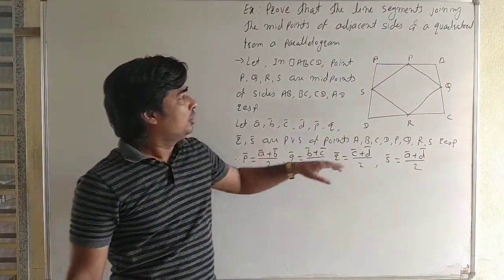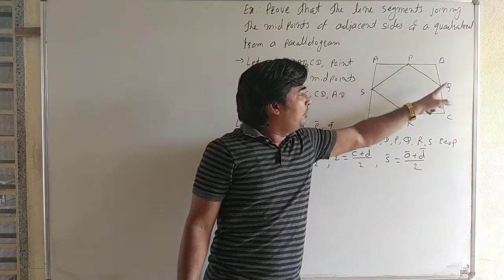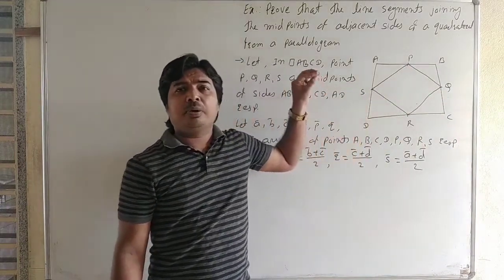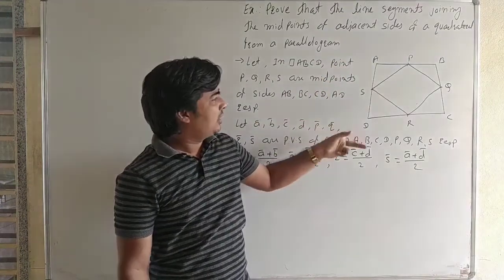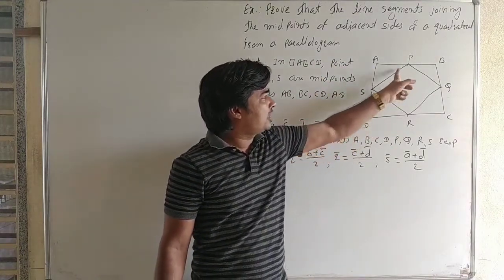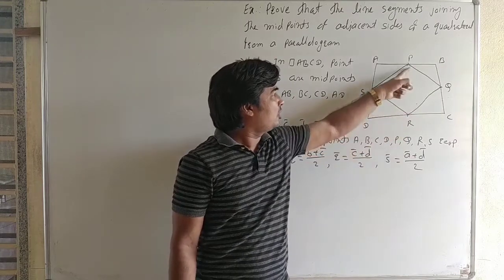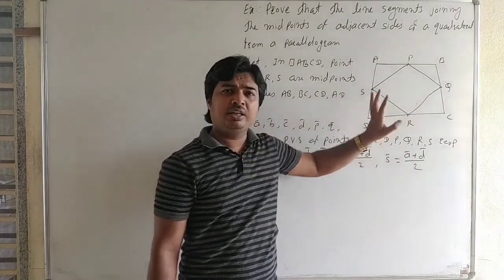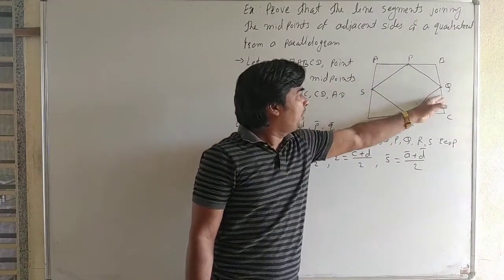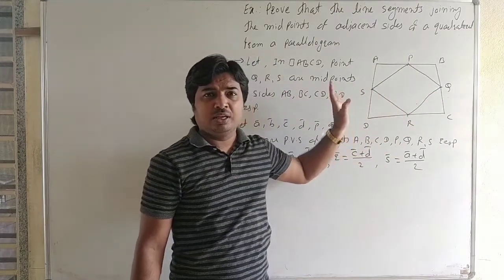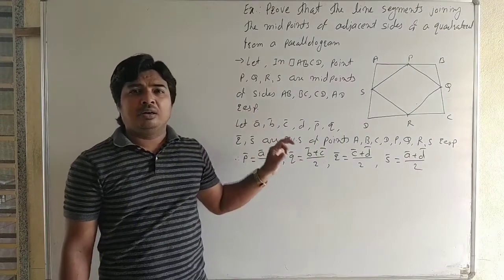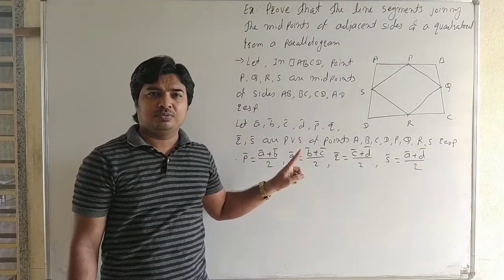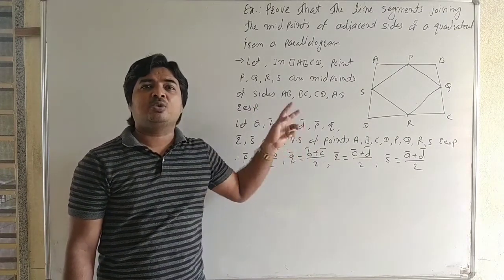Now we have to show quadrilateral PQRS is a parallelogram. Therefore opposite sides are parallel and equal. Here take any one pair of opposite sides, PQ and SR, or PS and QR, any one pair. Here we take PQ and SR. Then PQ and SR are parallel if PQ and SR are collinear.